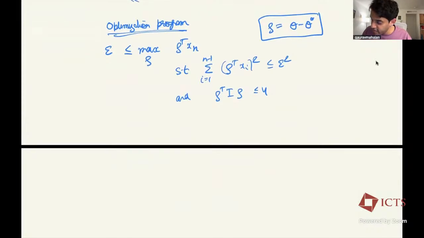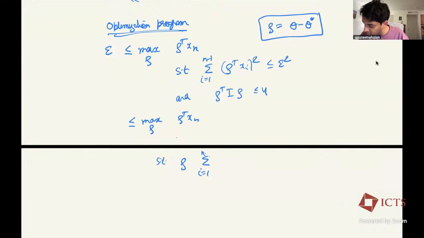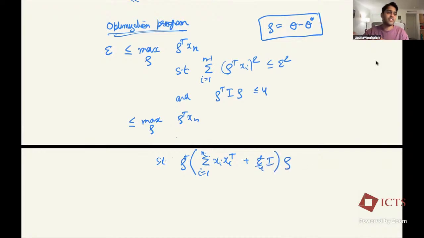Okay, and I'm just going to put this together because this is the same as, or a little bit better, where I merge these two equations. So, the sum of i equal to 1 to n minus 1. So this is where epsilon square over 4 comes in.